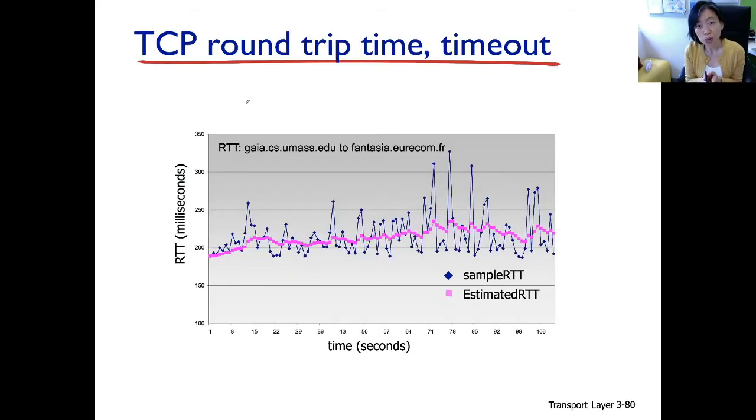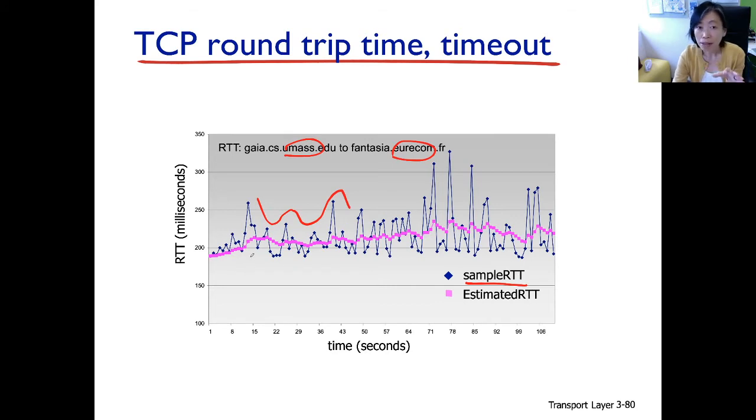Here it shows the instantaneous RTT and the estimated RTT, the smooth estimation, and how they look relatively. This is an actual measurement between UMass and Eurecom. The blue one that fluctuates more is the instantaneous RTT, the sample RTT.